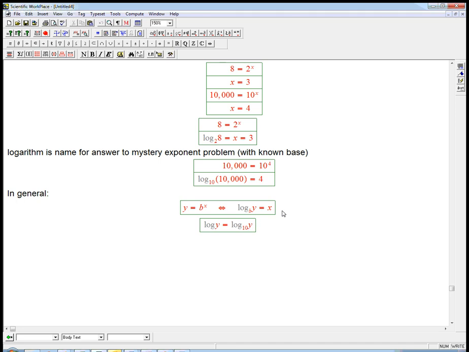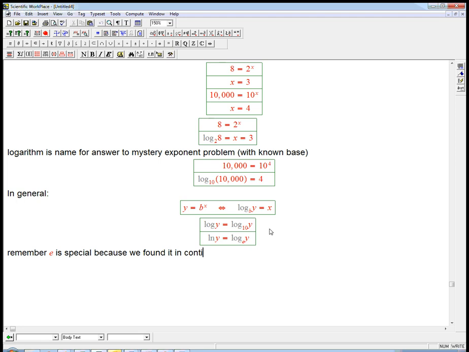Okay. And so we're sort of programmed by having 10 fingers to think of this as being special. You'll also see something called ln. That is the log to the base e. Remember that e is special because, for example, we found it in the continuous compounding problem.